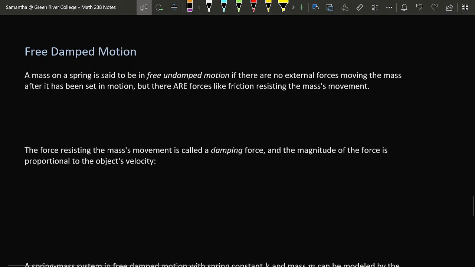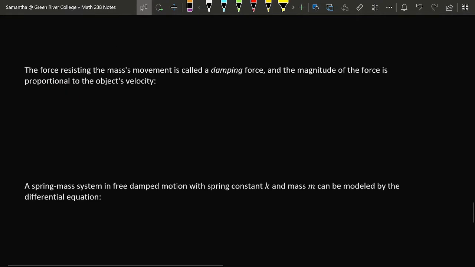In most Earth applications, there are damping forces like friction, like air resistance, that would cause the object to return to a resting state after enough time. And when we're dealing with damping forces, the forces are proportional to the velocity of the object.